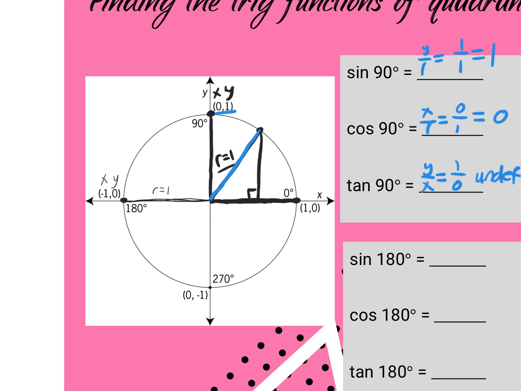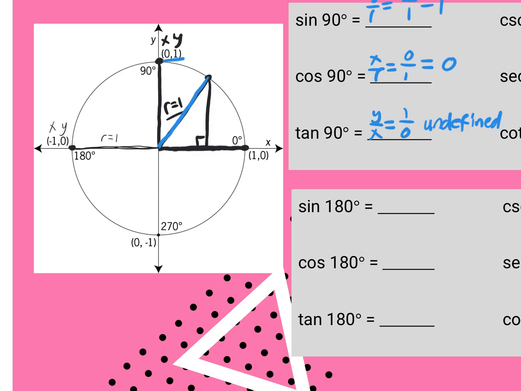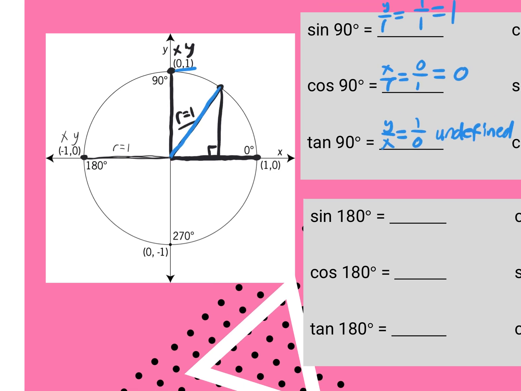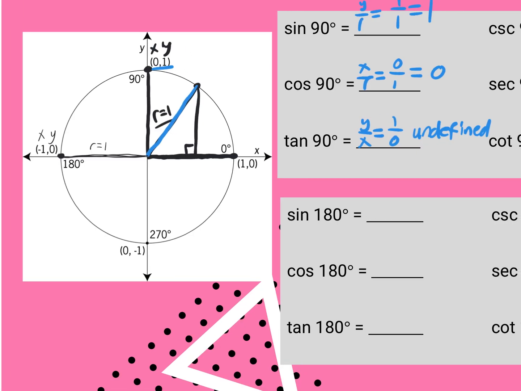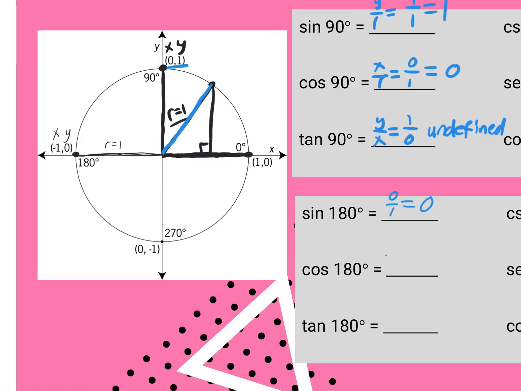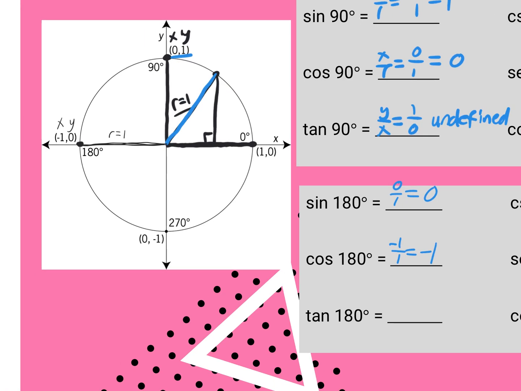All right, so we can go ahead and find the 6 trig functions of 180 degrees using x, y, and r. So I know sine is going to be y over r, which in this case is 0 over 1, which is 0. Cosine is x over r, which is going to be negative 1 over 1, which is negative 1. All right, now tangent of 180 is going to be y over x, which is going to be 0 over negative 1, which is just 0.